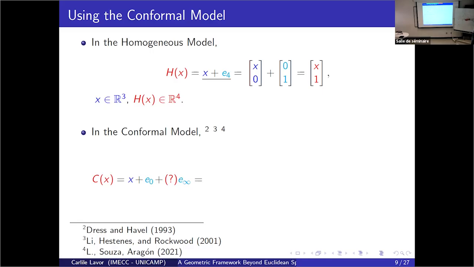But this is just a change of basis. So what is important here is that we keep another dimension related to this, and we have a new dimension associated to the dimension 5. And the question is, what is this value that we can put here in order to orthogonalize isometries of the 3D space?